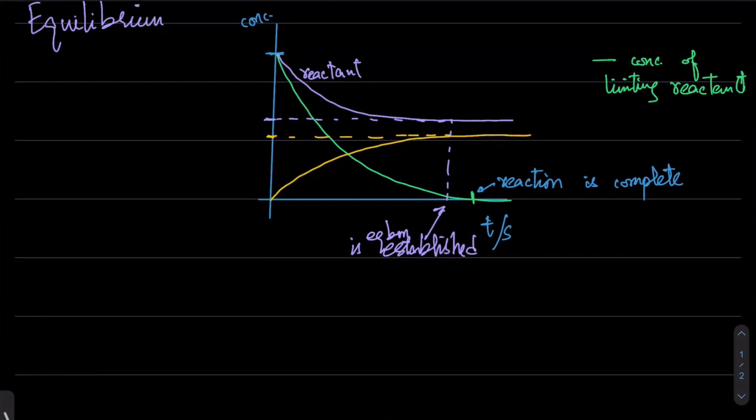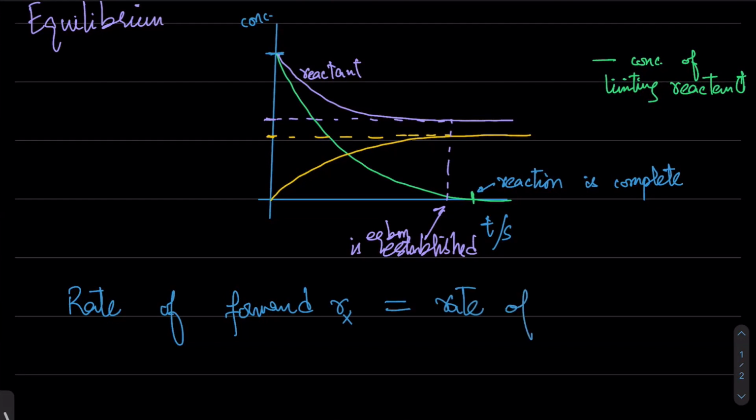In that situation, the profit that Apple makes from Samsung may be the same amount that it pays to Samsung for those LED screens. Business is happening, they are buying and selling, but there is no profit because all the profit that they make, they are spending again. Similarly here, all the things that they make are reversed and create the things that were used to make them. In a reversible reaction, we say this stage is when the rate of forward reaction equals the rate of backward reaction.